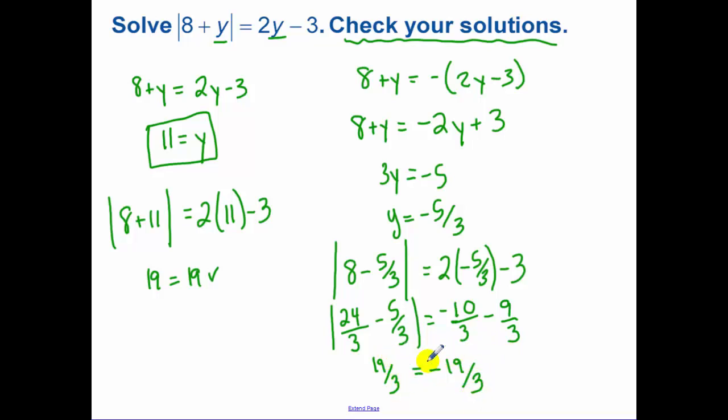Obviously, a positive is not going to equal a negative, so this is what we call an extraneous solution, so our only answer is 11. Now, that's not always going to happen, but a lot of times that is going to be the case when you have a variable inside the absolute value and outside the absolute value.